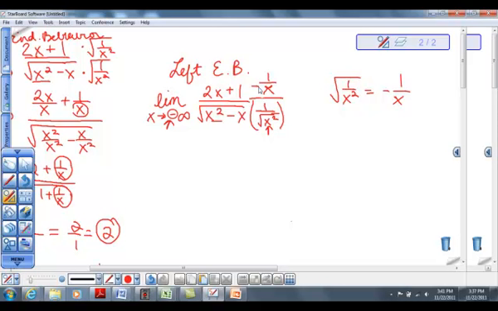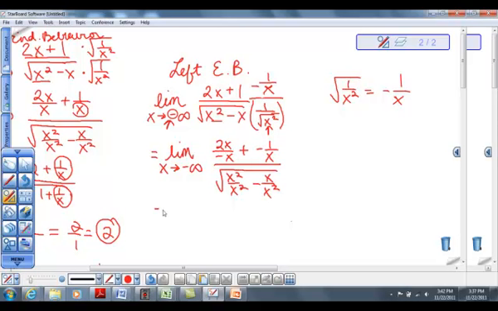So what happens is we're finding the limit as x approaches negative infinity, and what we're going to get is 2x divided by 1x, plus, and this all equals the limit of, so it's going to be negative 2, because those cancel out, plus negative 1 over x, all over the square root of 1 minus 1 over x.